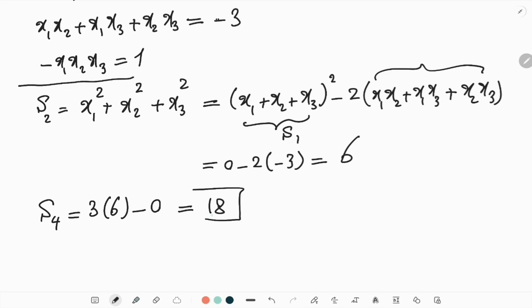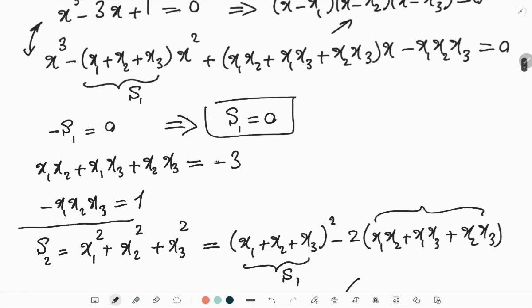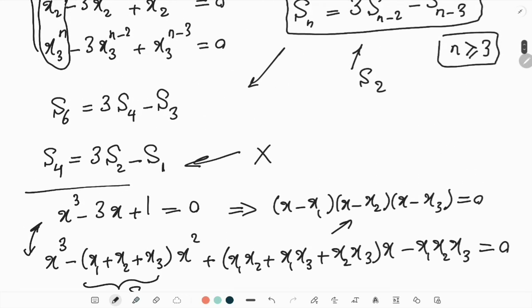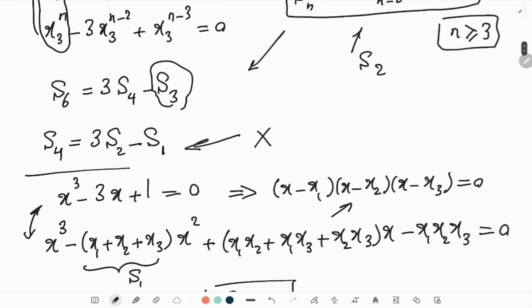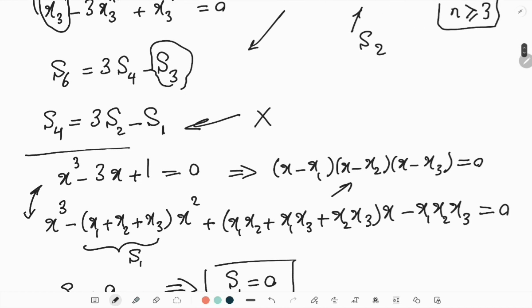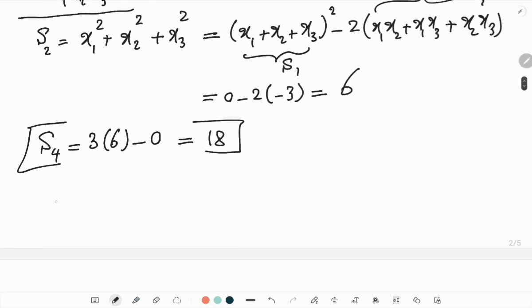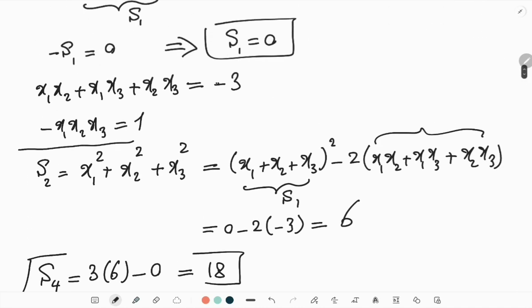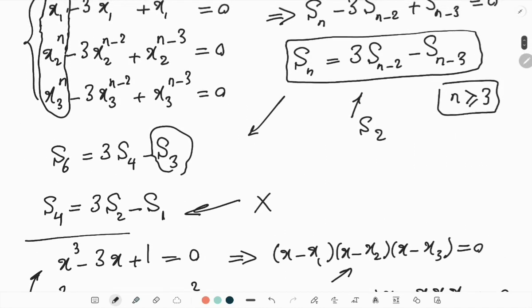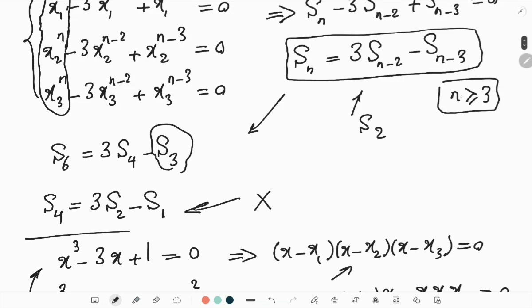Okay, we got S4, and now we have to calculate S3 as well, because that's also in the equation for calculating S6. So let us go back to S3. According to the formula which we had up here, we can use it for S3 because n can be 3.